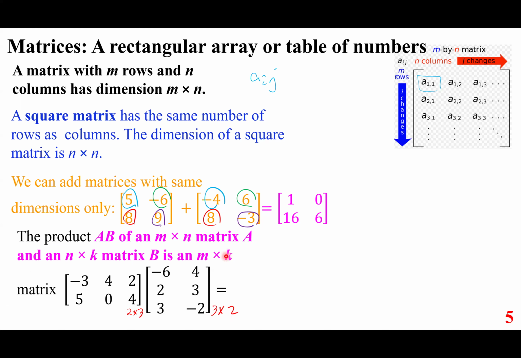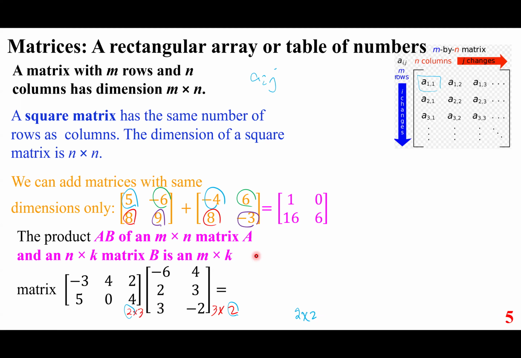And the resulting matrix, I highly recommend when you want to multiply, write the size. So this is 2 by 3, this is 3 by 2. When you want the result, the number of rows comes from the first one and the columns come from the last one. The result is 2 by 2, everybody. And the way we multiply and add is as follows. This row gets multiplied by this column, add them up, and that would be the first entry.